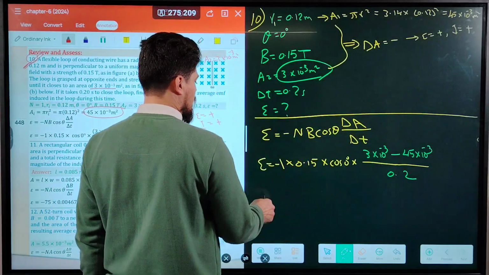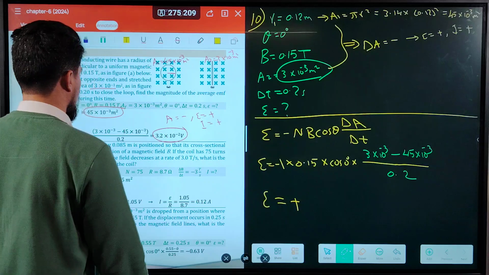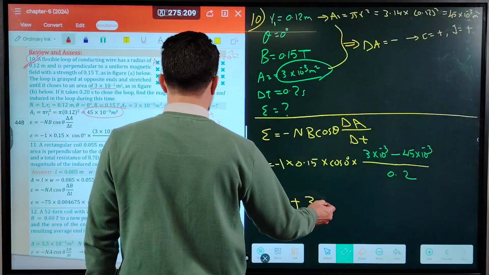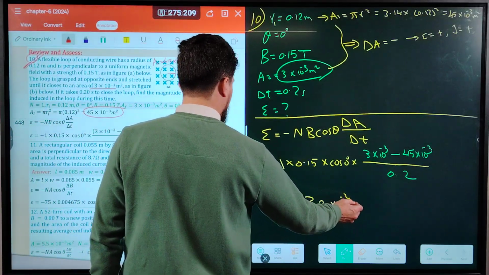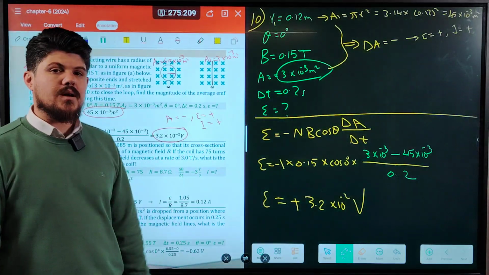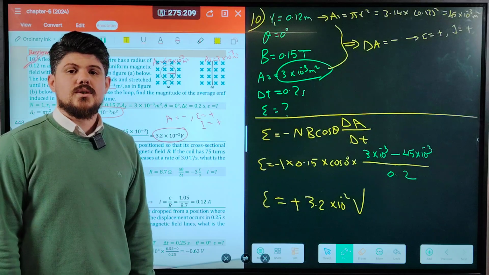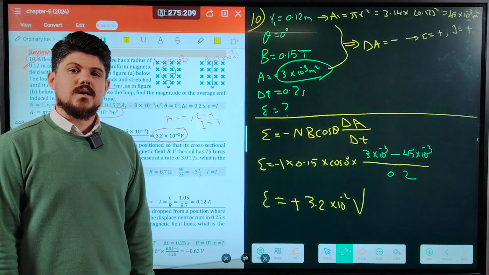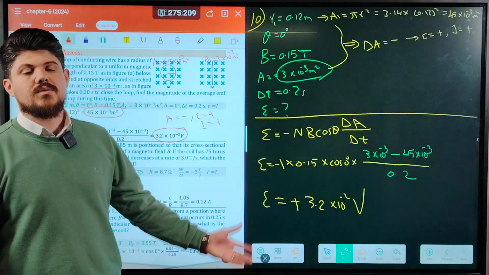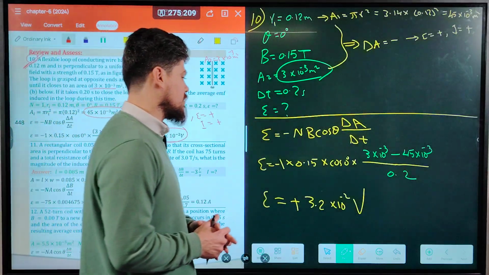Okay, this negative times negative becomes positive, and EMF is positive and is equal to 3.2 times 10 power negative 2 volt. This is the induced EMF created in this coil after the area of the coil decreased from 45 times 10 power negative 3 meters squared to 3 times 10 power negative 3 meters squared.